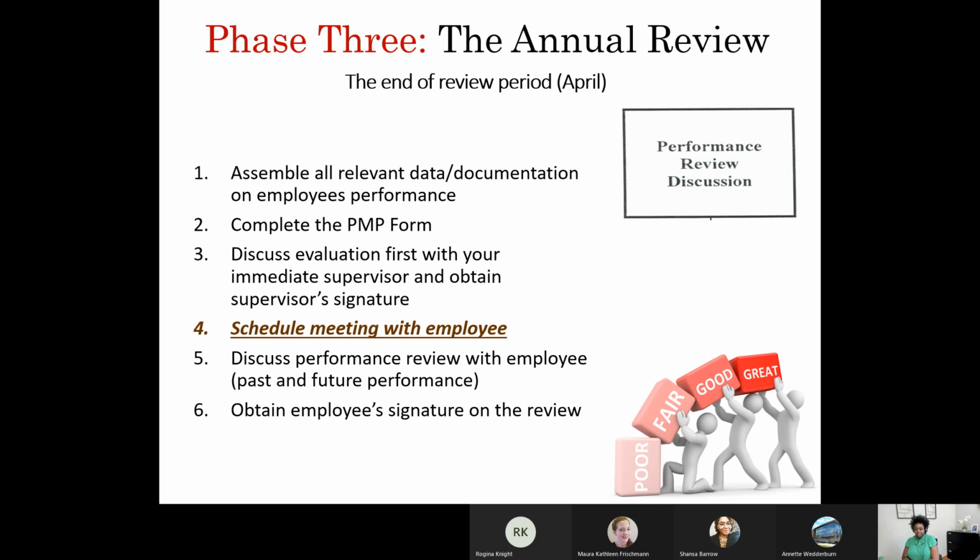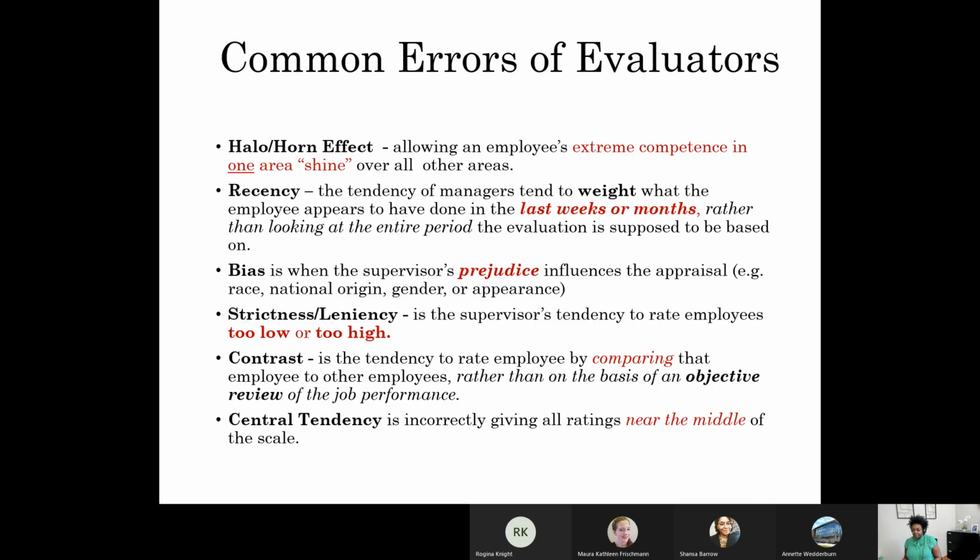And then you discuss the review, past and future performance, and then you ask them to sign. There's also an opportunity for them to leave a comment on the form of how they feel that the PMP process went, how they feel about your assessment and your comments as well. Okay.